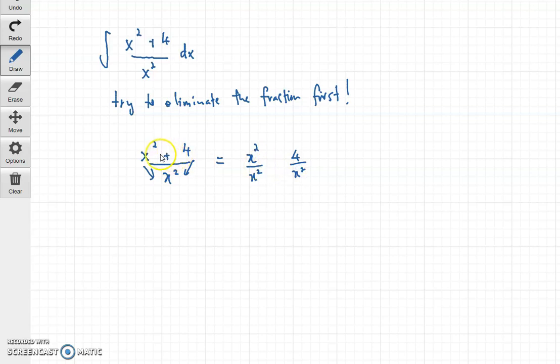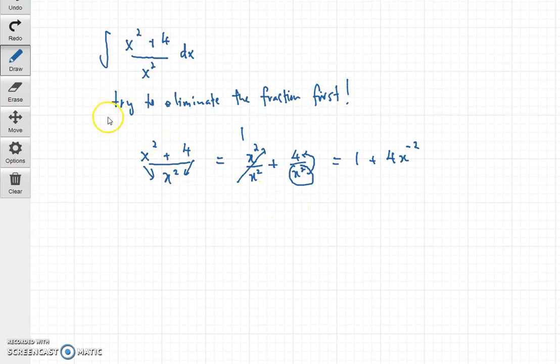In the middle, since we have the plus operation, you get a plus. x squared divided by x squared cancels and becomes 1. So you get 1 plus, and the x squared you can bring up, so it becomes 4x. What happened to the power? Instead of positive 2, you get negative 2.